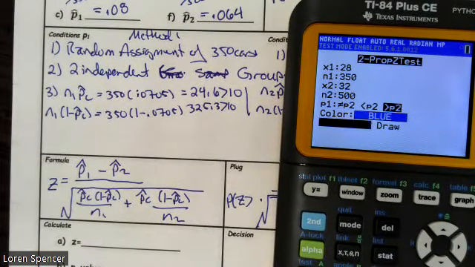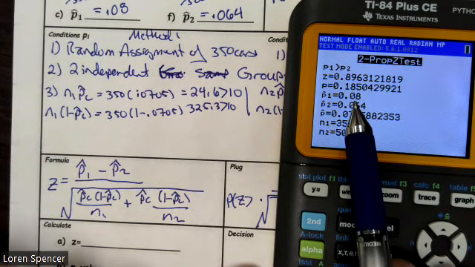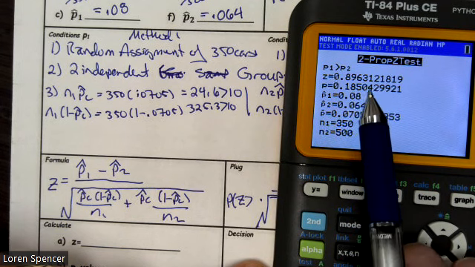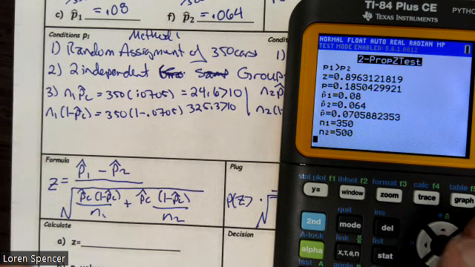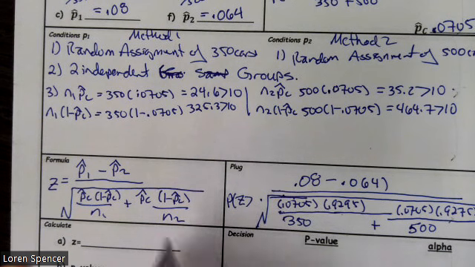We're going to go ahead and calculate. And this is where I said we could cheat earlier. Look, we have P hat 1, we have P hat 2, and this P hat right here is P hat C. And we also have our P value of 0.1850 and a Z score of 0.8963.